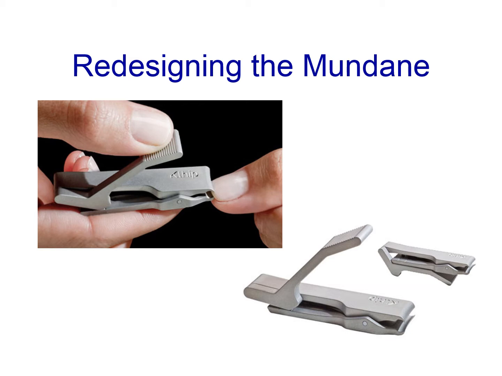A new company is out there trying to change all of this. They are calling this the ultimate clipper. The idea is to re-engineer the cutter so that the pressure is applied directly on the nail and catch the cuttings as you go.